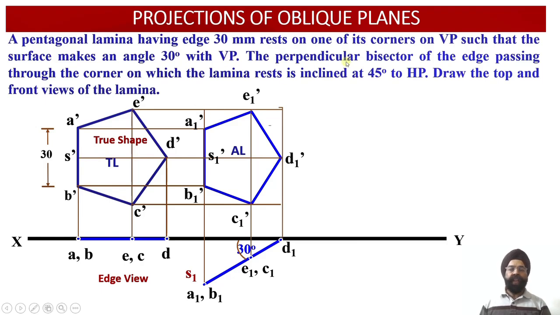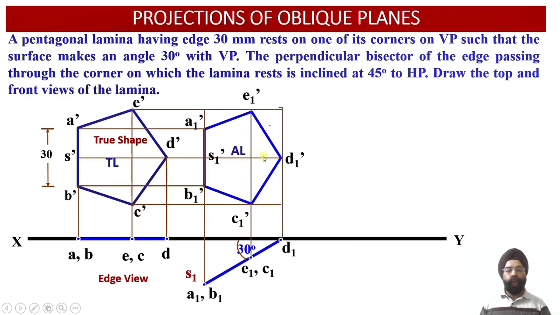So now the information available with us is that the perpendicular bisector of the edge passing through this corner, on which the lamina is resting onto the vertical plane, is inclined at an angle of 45 degrees with respect to the horizontal plane. So this is the point D. You can check, point D is the point at which this lamina is resting onto the vertical plane.